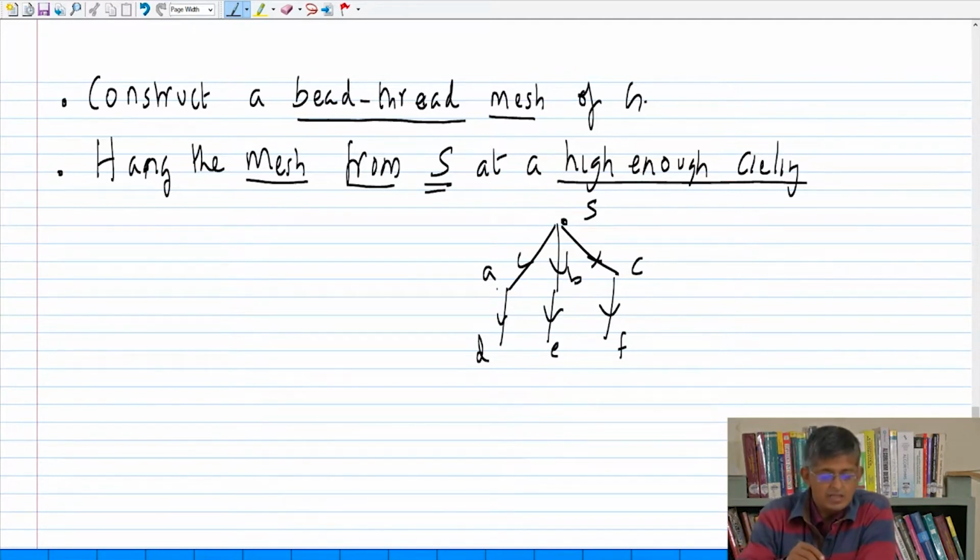What will be the nature of the thread going from S to A in your physical algorithm's output when you hang it from the top? Remember, it's a thread, right? What will it be looking like? Will it be hanging loose?